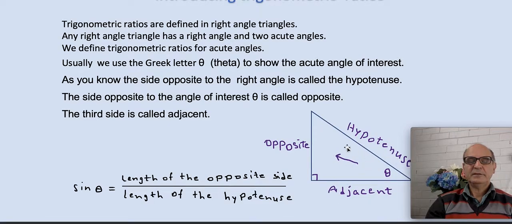To make it a bit easier to decide which one is opposite, when you have the angle theta here, assume this is the shape of a room. You are inside a room which is triangular and you want to watch TV. You sit where the angle theta is at this corner.